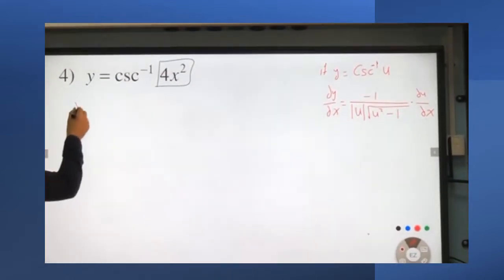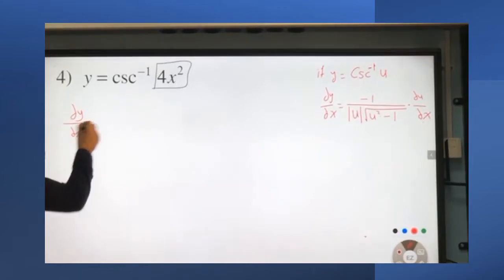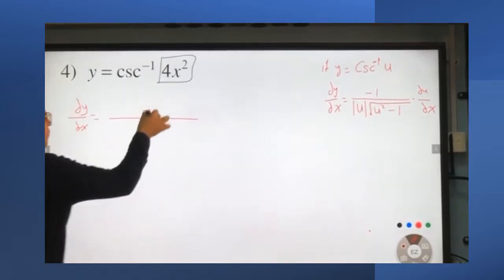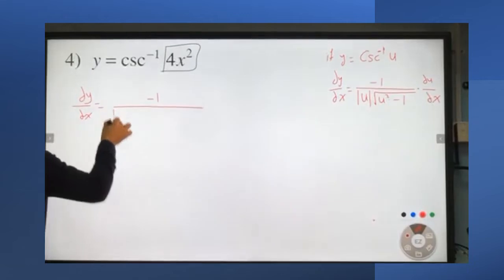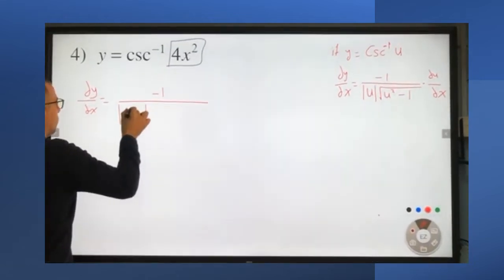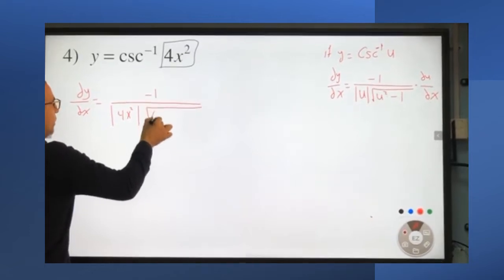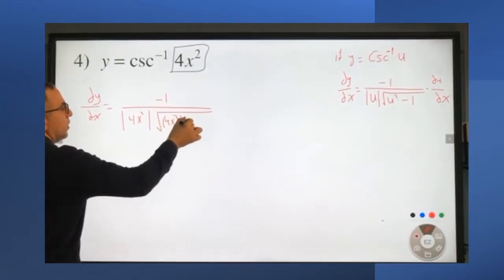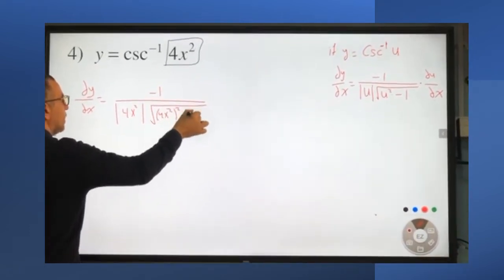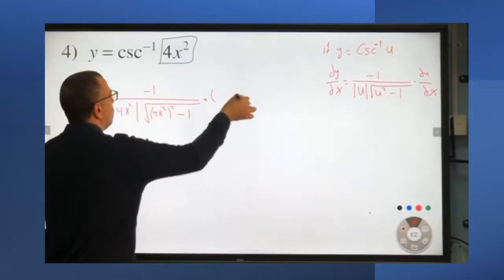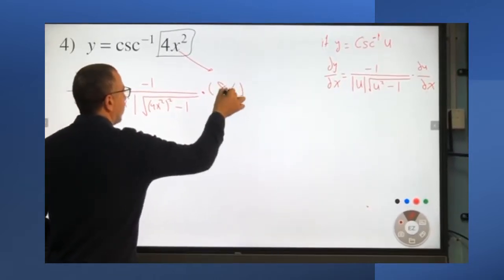So dy with respect to x is equal to negative 1 over the absolute value of 4x squared, multiply the root of u squared, 4x squared all power 2 minus 1, multiply the derivative of 4x squared, 8x.